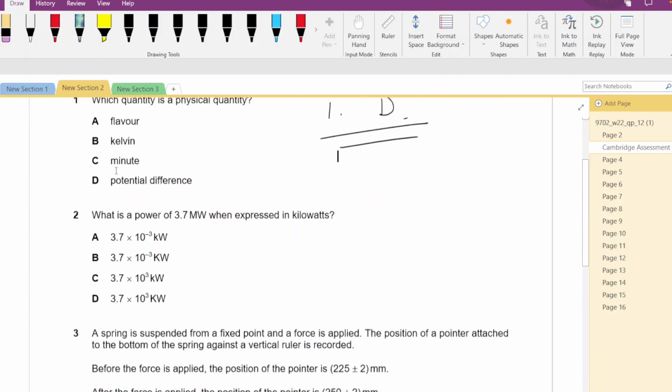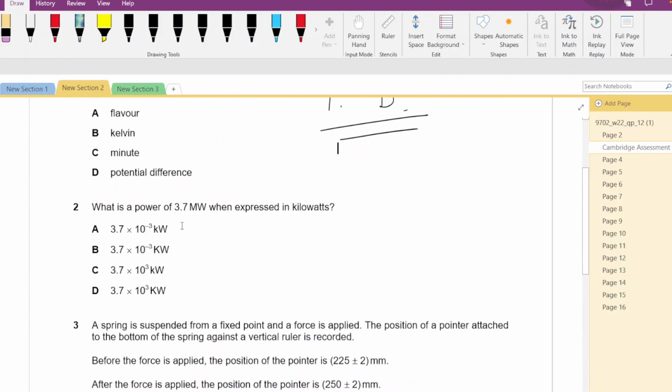And at question 2, what is a power of 3.7 megawatt when expressed in kilowatt? Now, the prefix mega is 10 to the power 3 kilowatt, equals 1 megawatt.